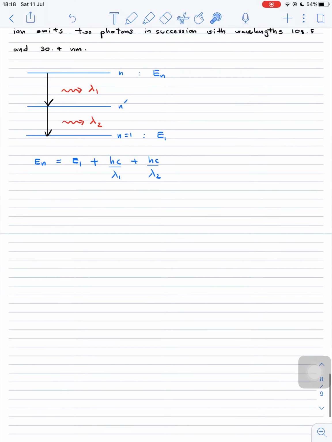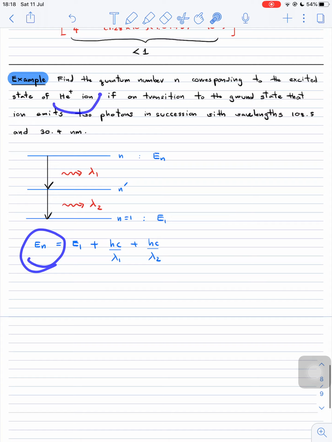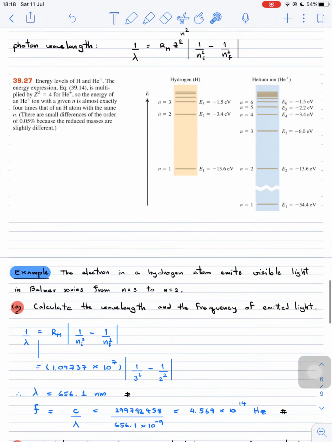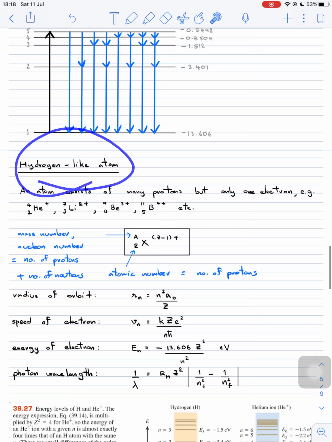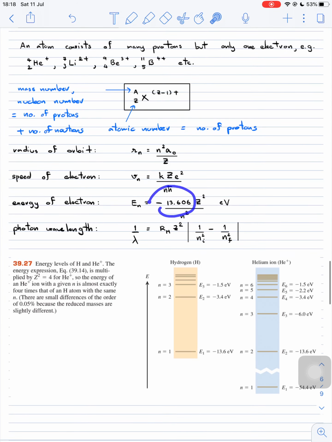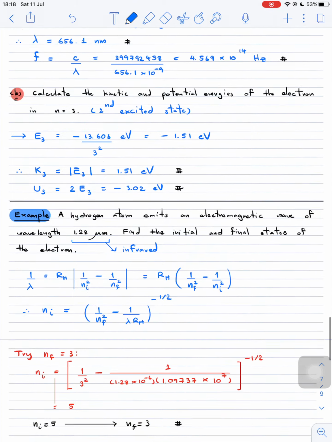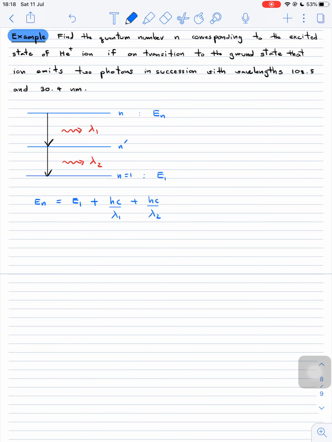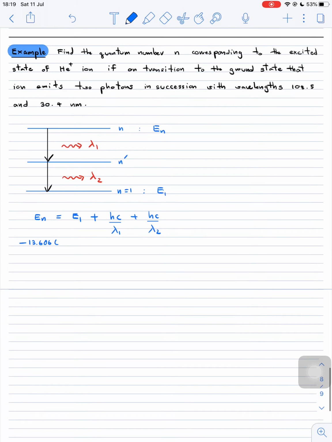Okay, so now for the En, we're talking about the helium ion, so we need to look at the hydrogen-like atom. We can use this equation to solve. We have this value multiplied by Z squared over n squared. We have negative 13.606 times Z squared. For helium, Z equals 2, so we have 2 squared here, and then over n squared, which is this n.